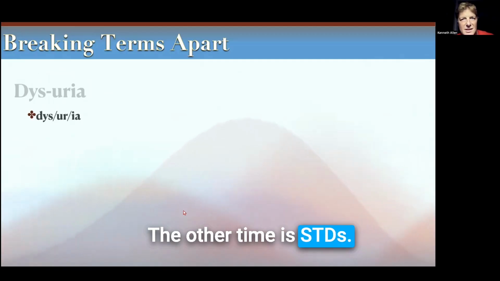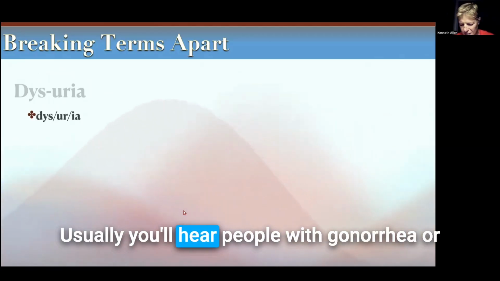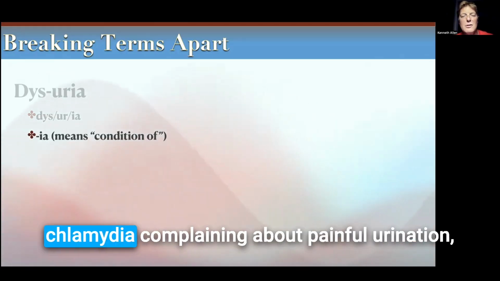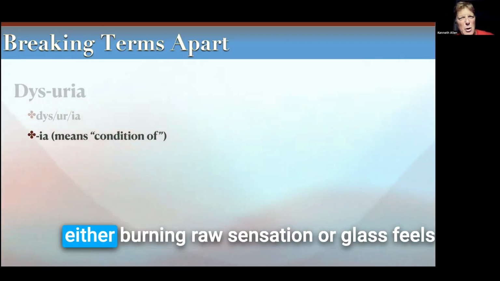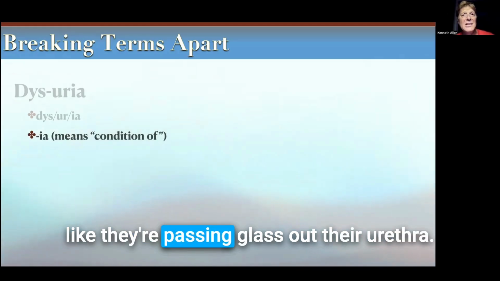The other time is STDs. Usually you will hear people with gonorrhea, chlamydia, complaining about painful urination, either a burning raw sensation or like glass. Feels like they're passing glass out their urethra.